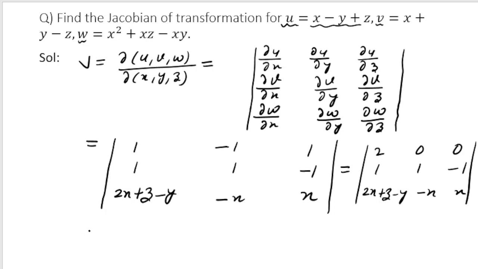Then I expand it about the first row, so 2 times 1 into x is x, and minus x into -1 is also x, so x, then the rest of the terms will become 0, so this is 2 into 0, so that is equal to 0. So that is the value of the Jacobian of transformation.